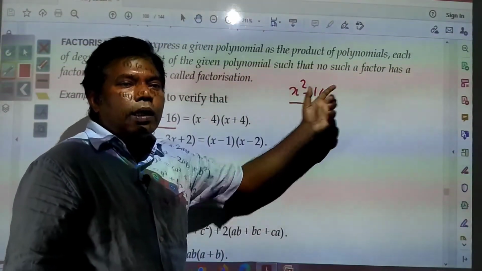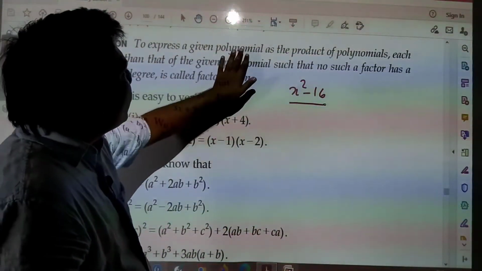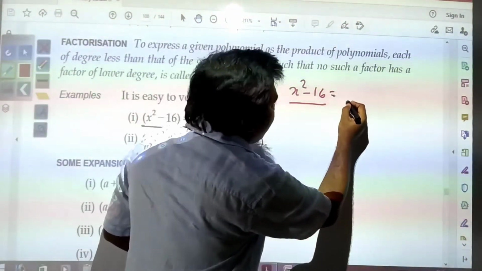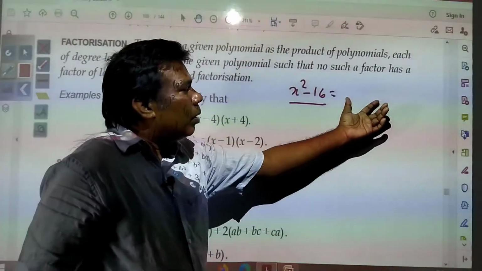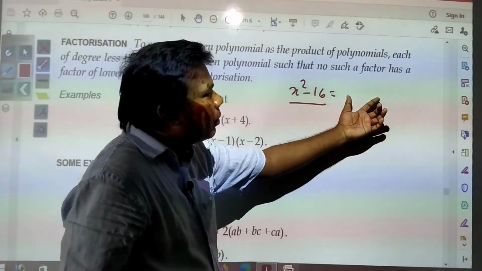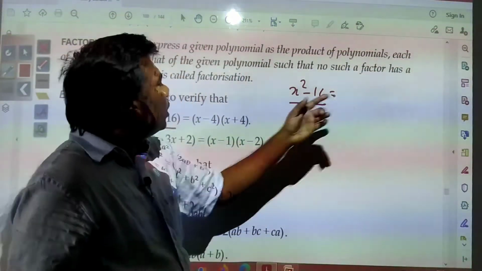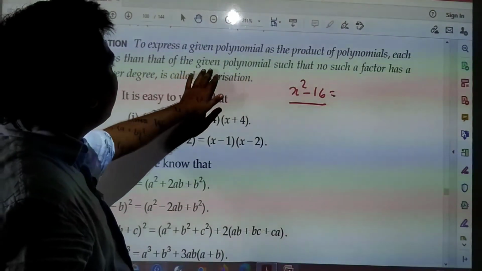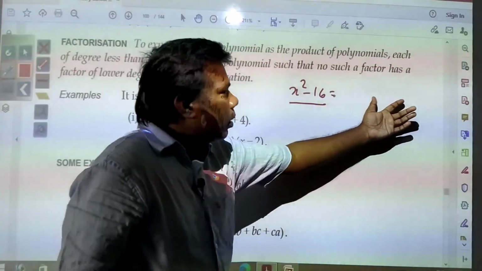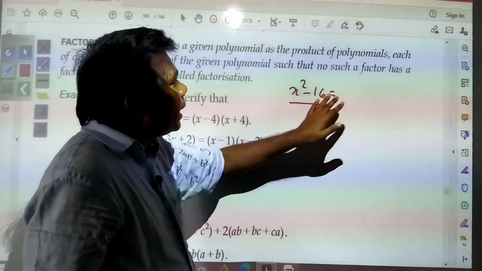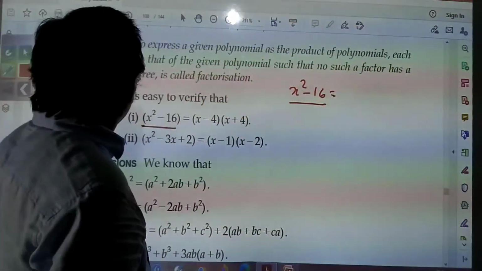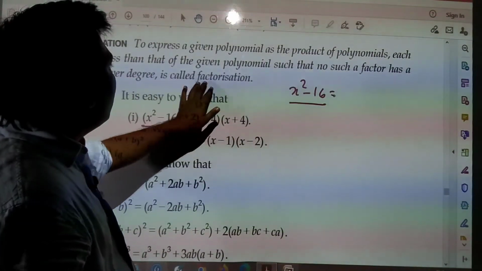It is getting expressed in another way, as the product of two or more polynomials, each of degree less than that of the given polynomial. Whatever factors you have, their degree should be lower than the degree of the given polynomial, such that no such factor has a factor of lower degree. This is called factorization.